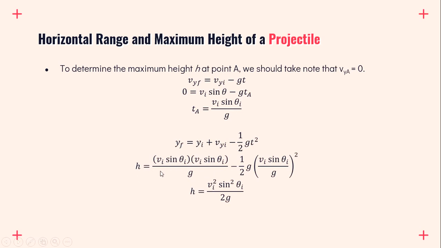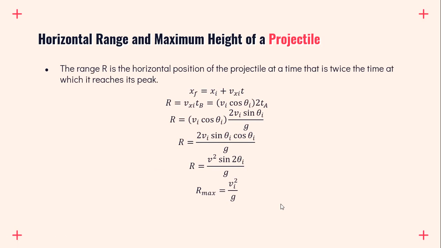So we get vi sine theta times vi sine theta over g minus 1/2 g times (vi sine theta over g) squared. Sorry, there should be a t here, so vyi t. So that's why there's vi sine theta squared here. So combining like terms, you get vi squared sine squared theta over 2g.